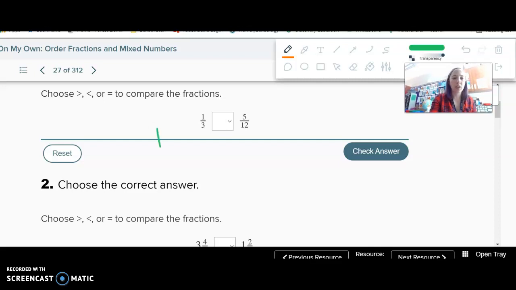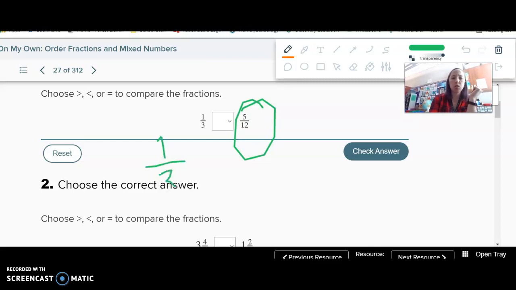So if I think, okay, 1/3, well, let's look at denominators, 3 and 12. Let's think about the multiples of those. 3, 6, 9, 12. Oh, I hit 12. If one of them is a multiple of the other one, I should just use the multiple as my denominator.